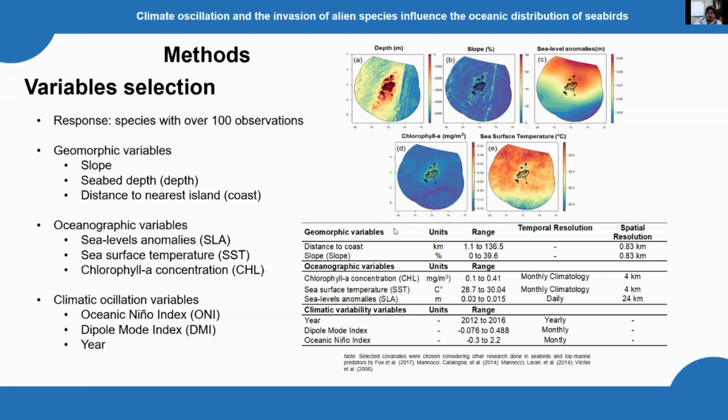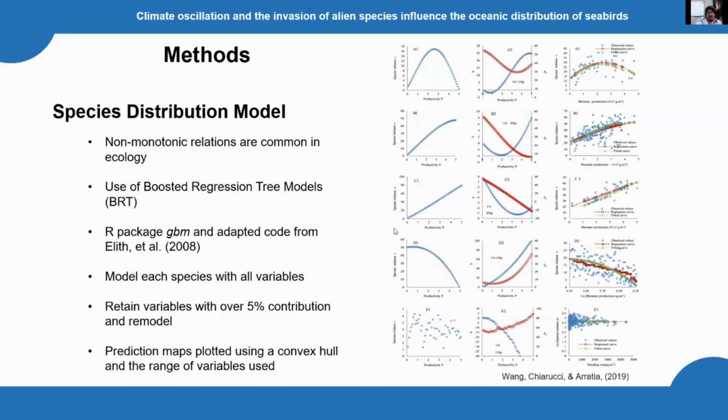So we set out all of these variables, and we used a BRT, a boosted regression tree model, which is particularly interesting because it allows us to have many micro regressions and boost them to find which of the variables are more important. Why did we choose this one?